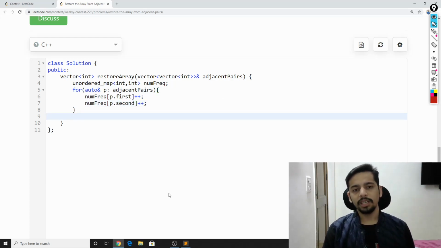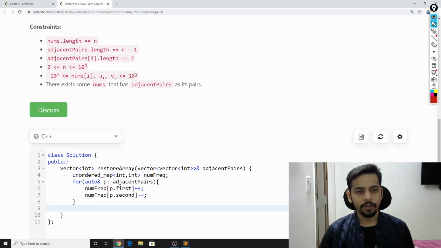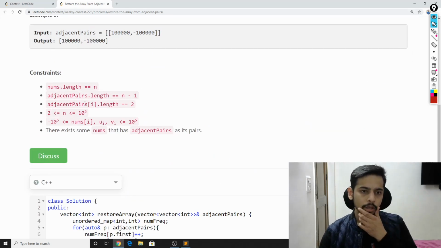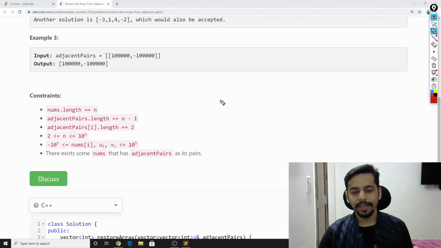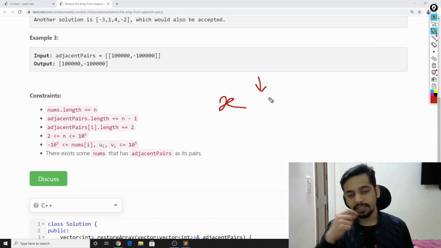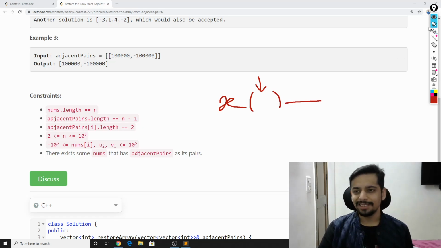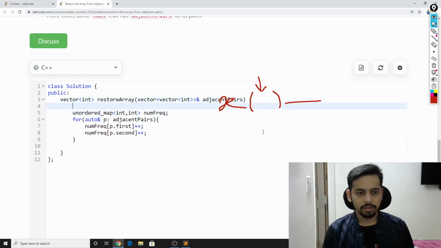Now I can find out one of the guys who appeared only once, and that's going to be my left extreme. From there onwards, the ruling should be very simple. Okay, but let's say I've decided that x is going to be my left extreme. Now who is the guy that comes here? That is the one guy who was adjacent to x, right? So I need to think what guy comes here. And because I need to have the entire vector, I can probably have an adjacency list as well. Let's just have this here.